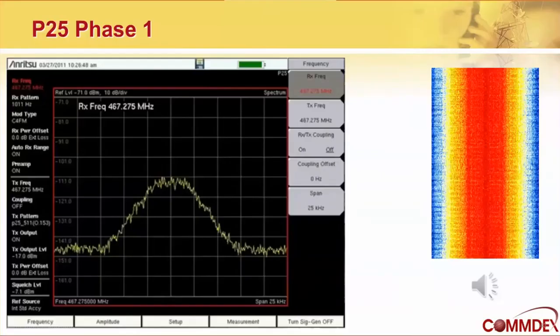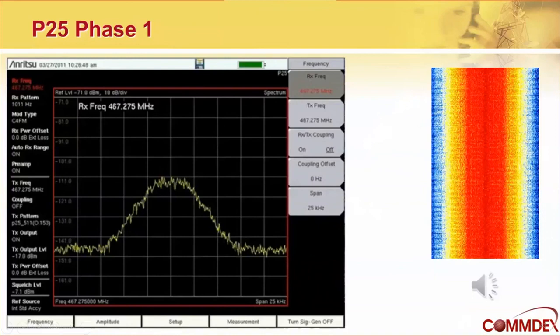So first we're going to look at P25 phase 1. This is again the spectrum plot as seen on the Anritsu 412. Over here, with the colors, is called a waterfall plot. You may or may not be familiar with a waterfall plot, but this is used on a lot of the software-defined radio receivers that are out there.